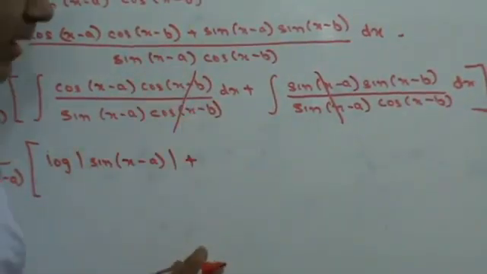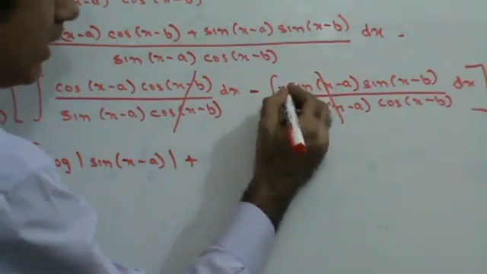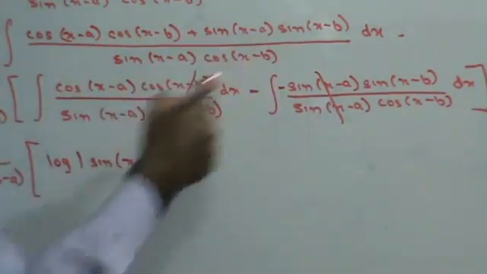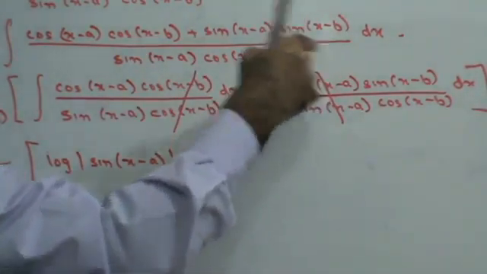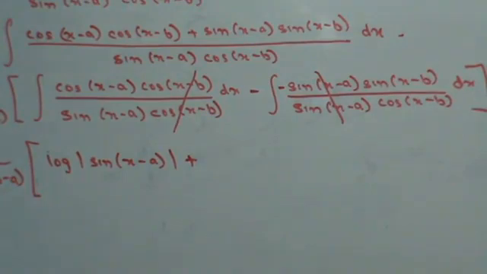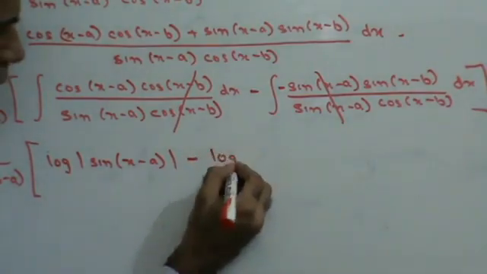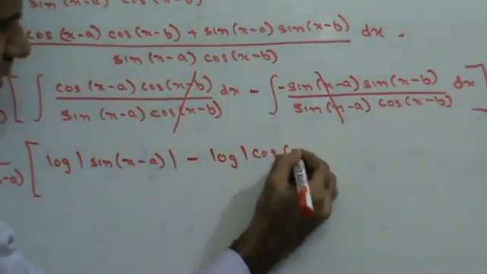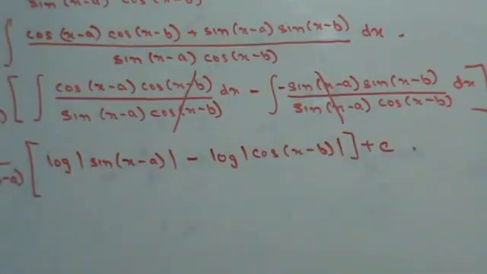Now in order to get that minus sign, I am going to multiply by a minus sign outside and inside. So minus into minus gives me plus. Now because of this minus sign, the term in the numerator is the derivative of the term in the denominator. So this will be minus log mod cos(x minus b) plus c.